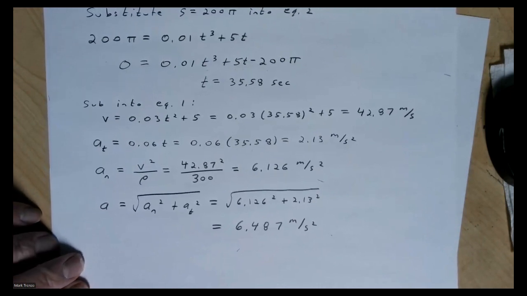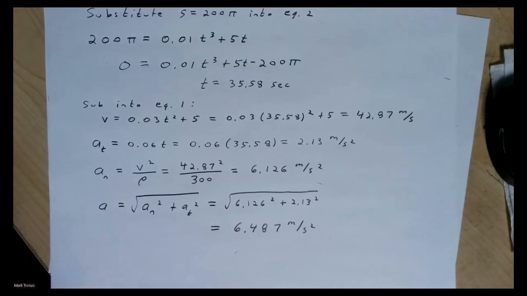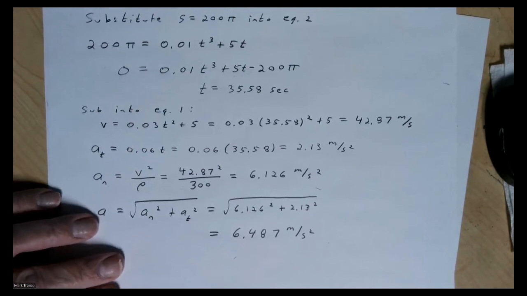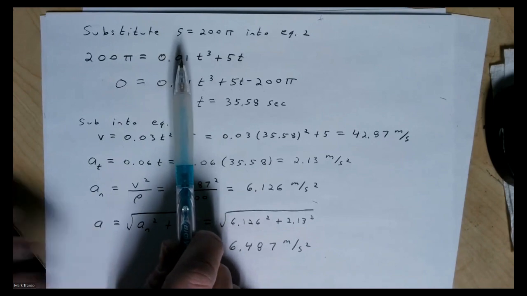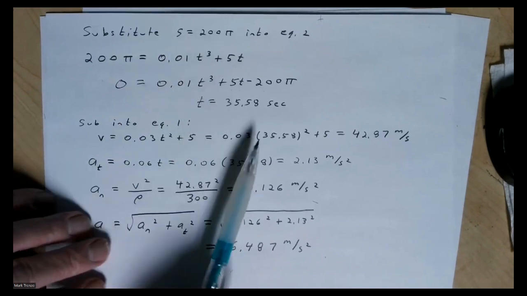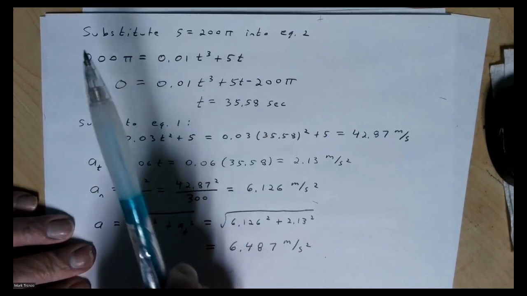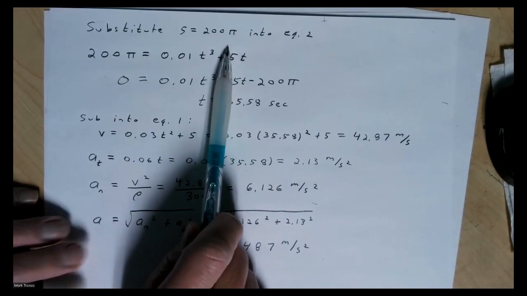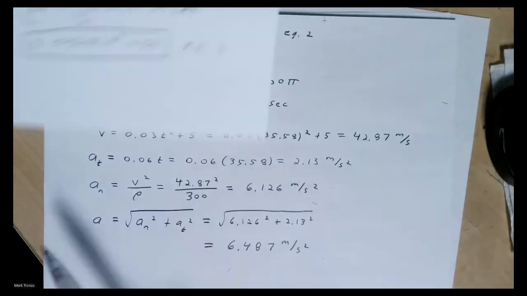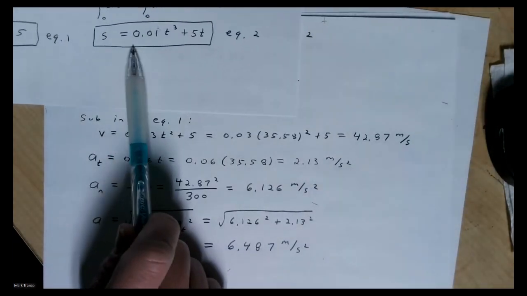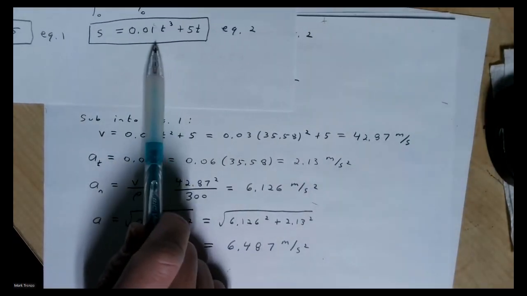So there you have it. This is, again, very similar to the other problems. The only difference here is that we were given a point. We were told it was going to be a third of the way around the track. We had to find S, and then we had to use the equation for position to find out what time it got to that second point.